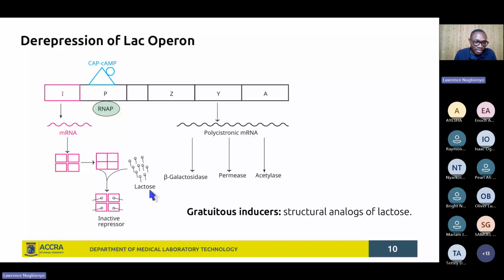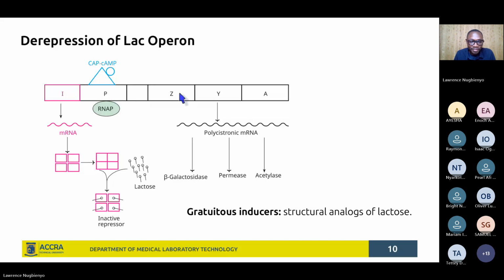Now, you have the inhibitor region that is getting transcribed into a messenger RNA. And from the messenger RNA, you have translation to have the repressor, the tetramer. And we've seen that this tetramer, this inhibitor or the repressor, goes to bind to the operator region to repress the expression of the gene at the level of transcription. That is preventing the process of transcription.